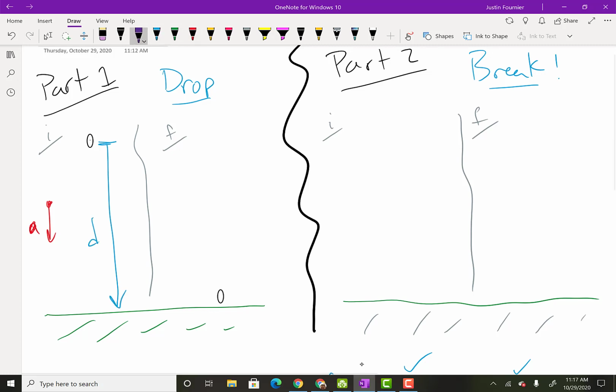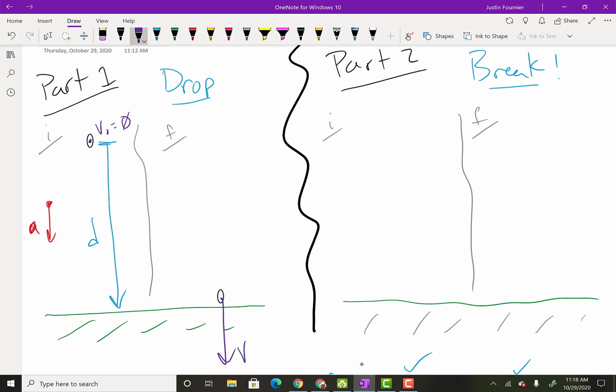We're talking about dropping the egg, so what's the initial velocity going to be? Zero. Yeah, the initial velocity is going to be 0. And then the egg is going to have some velocity just before hitting the ground as well.